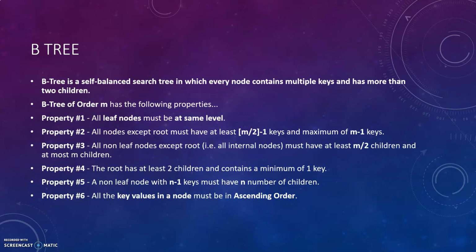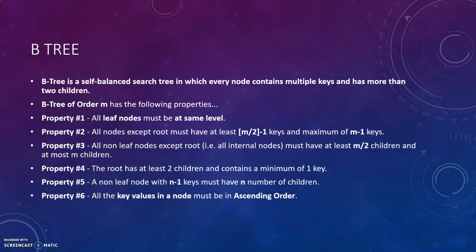Then all nodes except the root must have at least m divided by 2 minus 1 keys and a maximum of m minus 1 keys. Property 3 states that the non-leaf nodes except the root must have at least m divided by 2 children and at most m children. That means a maximum of m children is allowed.